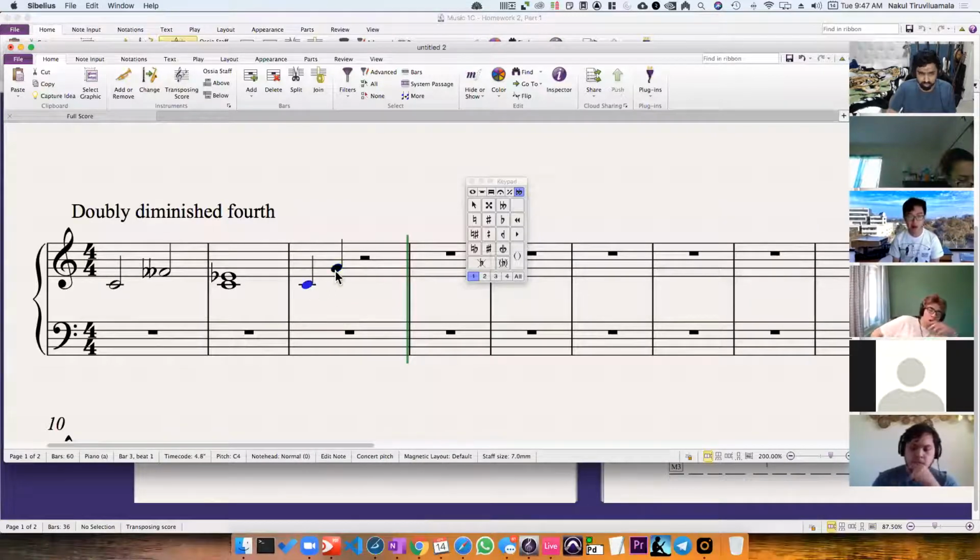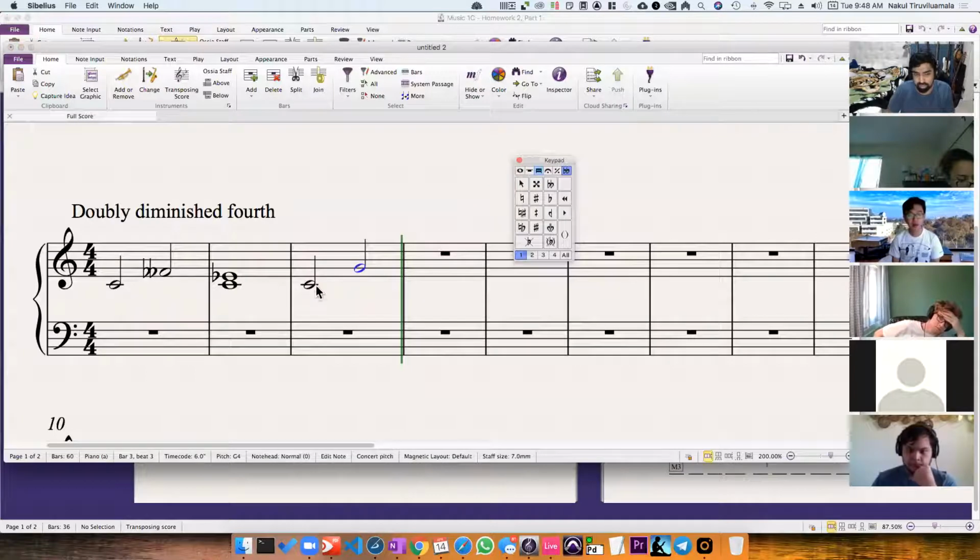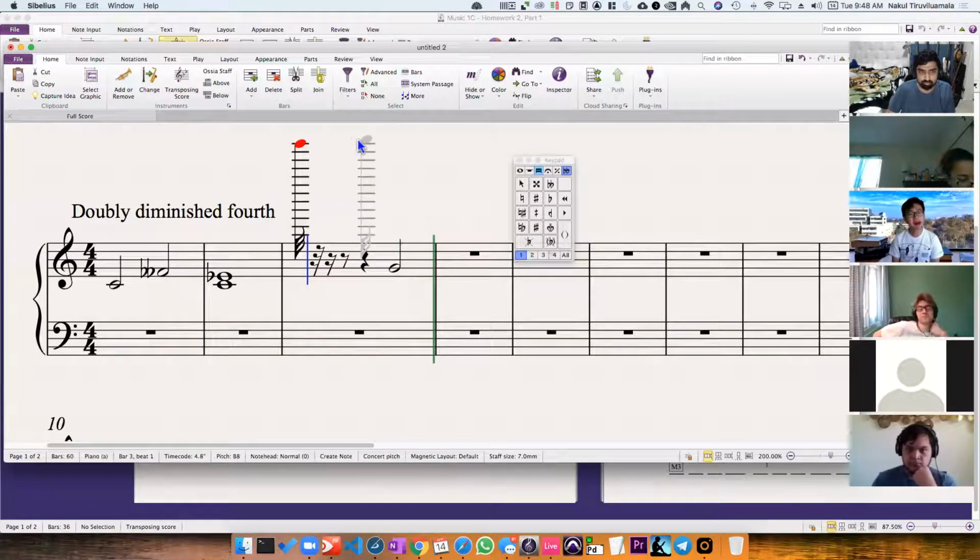It's been a while since we've reviewed intervals, but there are multiple ways you can figure out this interval. One way is by counting the half steps between this node and this node. And you have to do two things.